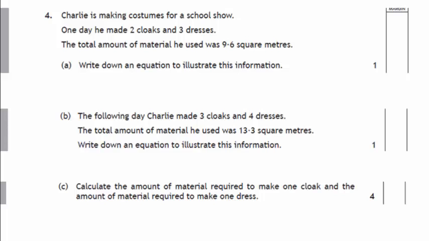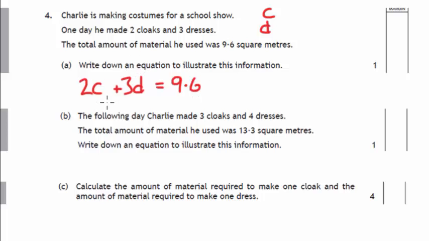So what we do is we think of it as 2 cloaks and 3 dresses. We're going to make cloaks C and dresses D, so they're unknowns, as it were. But we know that 2 cloaks plus 3 dresses is equal to 9.6.